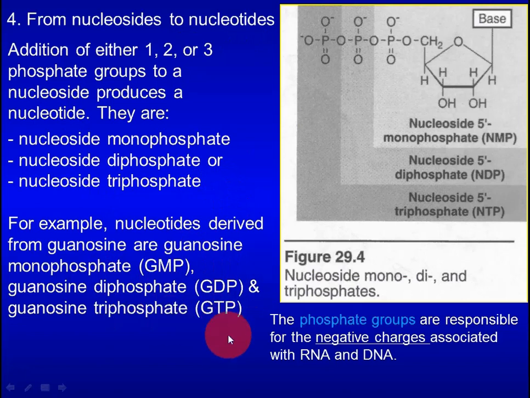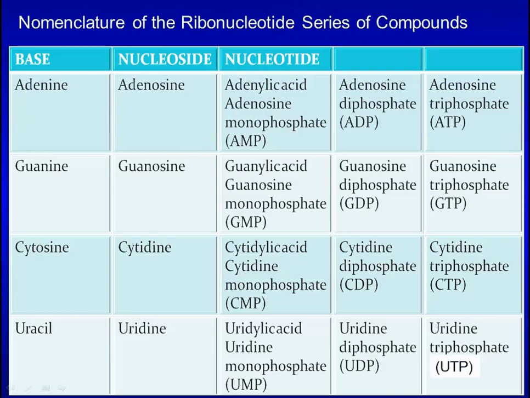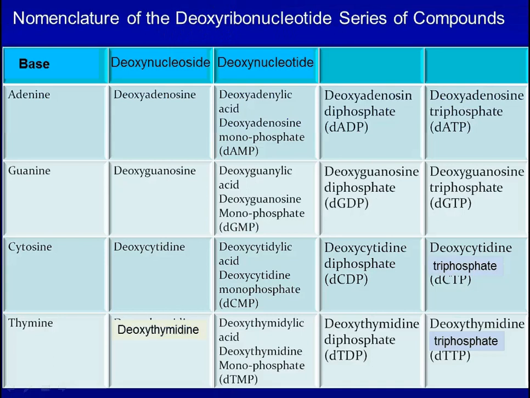The phosphate groups are responsible for the negative charge associated with nucleic acid. Here's a summary of nucleosides and nucleotides for RNA. Here's a summary of deoxynucleosides and deoxynucleotides for DNA.